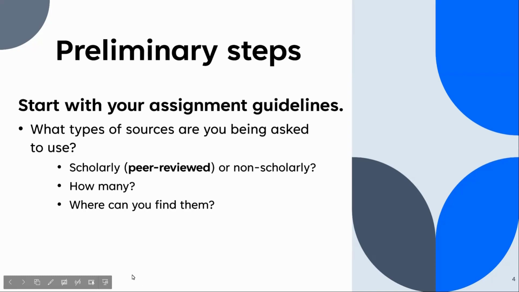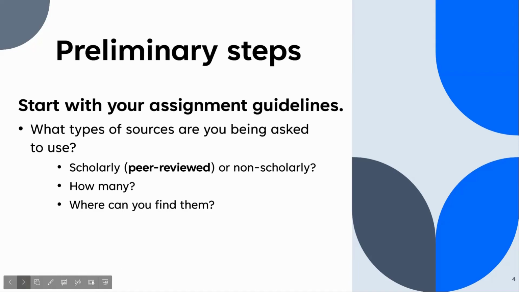You want to think about what kinds of sources you are being asked to use. Are you looking for scholarly or peer-reviewed sources? That's something Samuel will talk more about in depth as we go forward. Are you asked to look for non-scholarly sources? How many sources are you being asked to find? Is there a range, 3 to 5 sources?